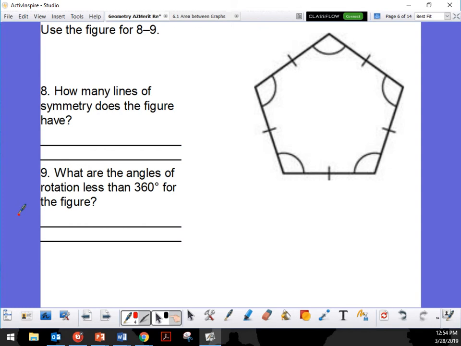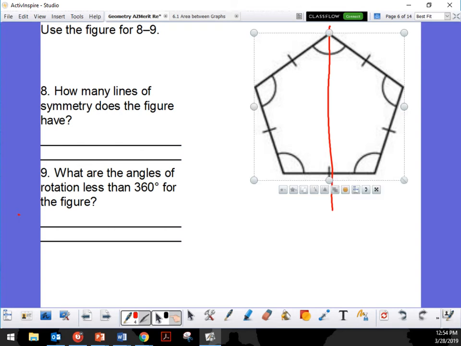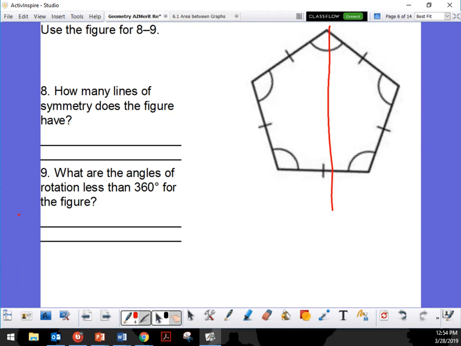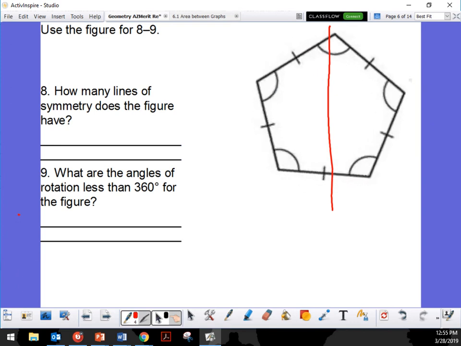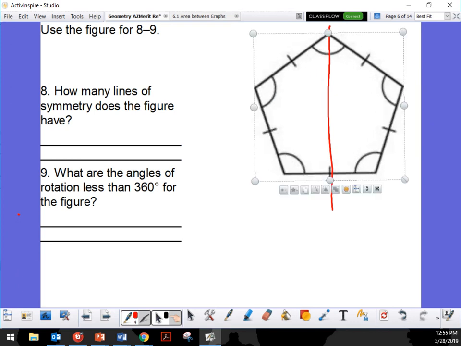So let's go ahead and draw a line of symmetry here first. I'm going to start straight down the middle, right? So there is 1. Do I have another one? Yeah, basically I do, but my drawing's not very good.